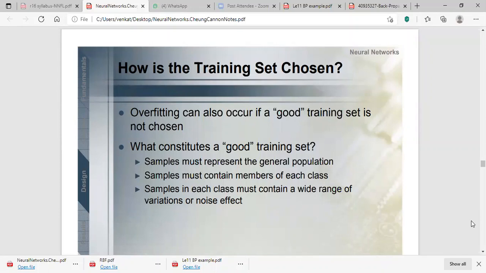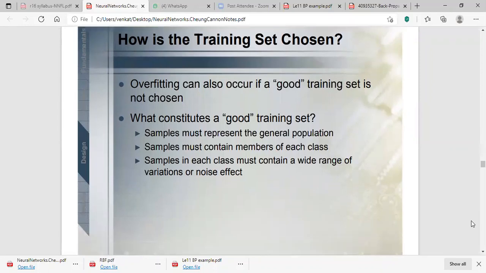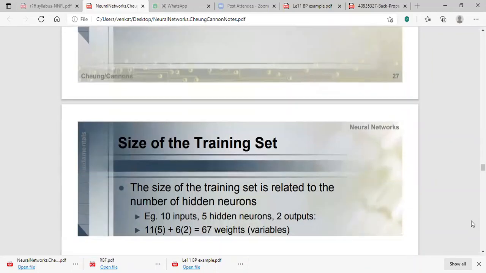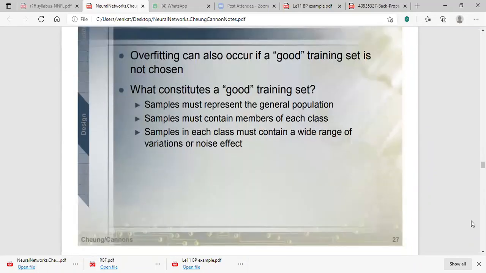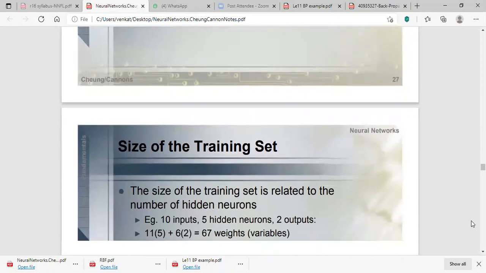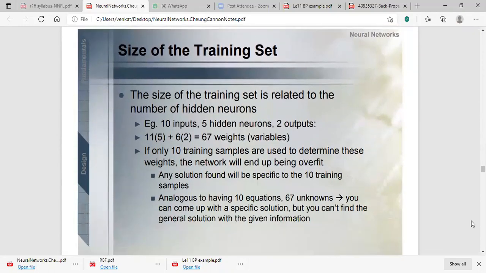Yes, that is, they should contain wide range of variations or noise effect. Then only you can have your good training set. So the size of your training set is related to the number of hidden neurons.